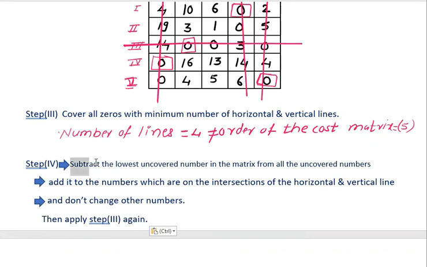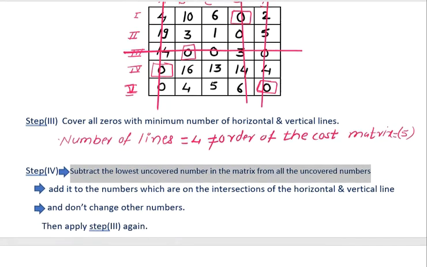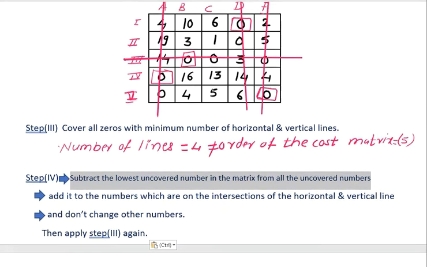Subtract the lowest uncovered number in the matrix from all the uncovered numbers. Now what is the smallest uncovered number here in the cost matrix? The uncovered numbers are 10, 3, 16, 4, 6, 1, 13 and 5.